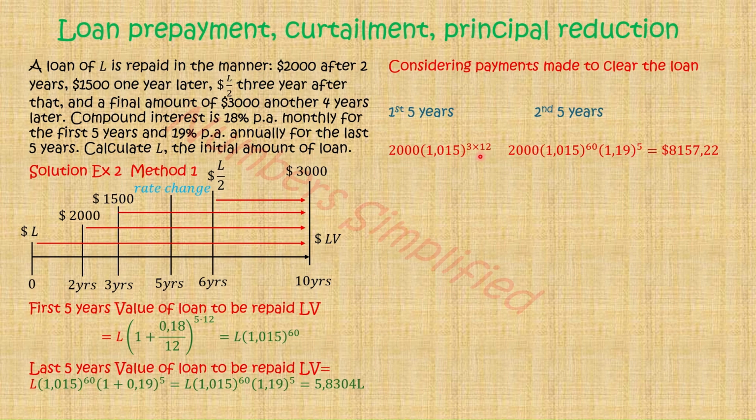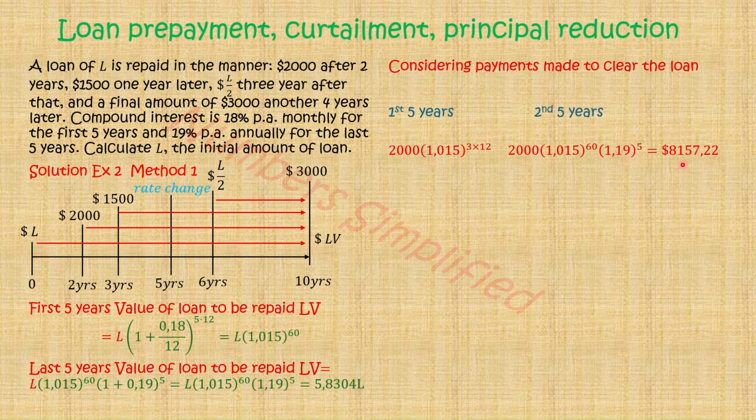Then we take that value over to the second 5 years, or the last 5 years. We know that in the second 5 years, the rate changes to 0.19, compounded annually. Therefore, that which we obtained in the first 5 years is going to have some interest for 5 years, and that is being multiplied by 1.19 raised to the power 5.